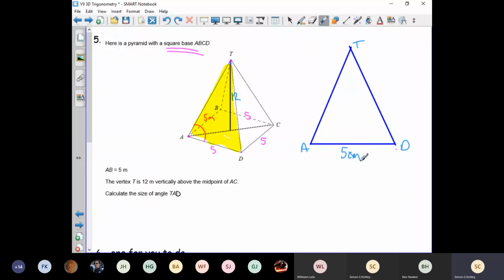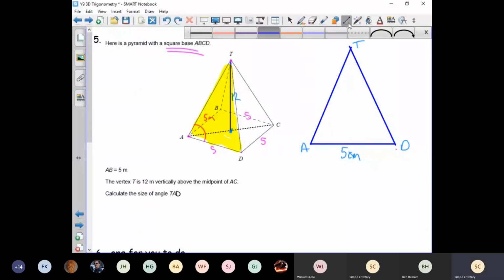And we know what T to the bottom is, which is 12, which might be used later. Yeah, I'm not sure we do. I'm not sure that T, because that's T to the middle there, isn't it? Rather than T to the middle of that side, because that's a slanted face. I don't think we necessarily know that one, but I think we might be able to work out what A to T is.